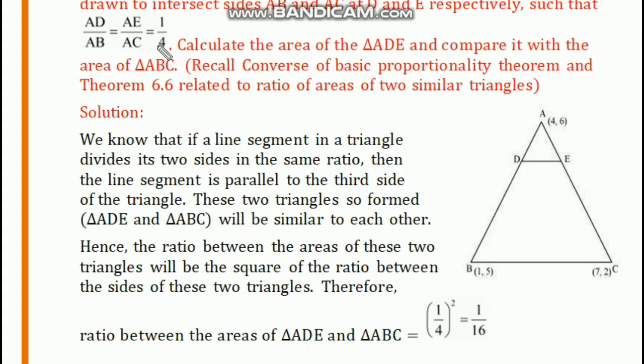Already we know that if we take the square of the ratio, that is the ratio of the areas of two similar triangles. So (1/4) whole squared is 1 over 4 squared, which is 16. So the ratio between the areas of the two similar triangles is 1/16.